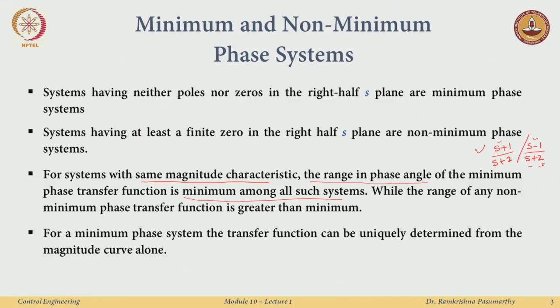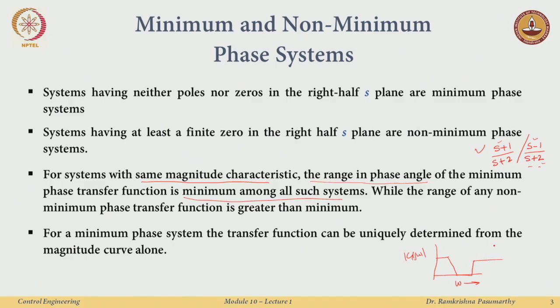Now, for a minimum phase system, the transfer function can be uniquely determined by the magnitude curve alone. Once I know this, I can do something nice. If I just give you a magnitude characteristic, with frequency on this axis and magnitude of G(j omega) on the other, it looks something like this.